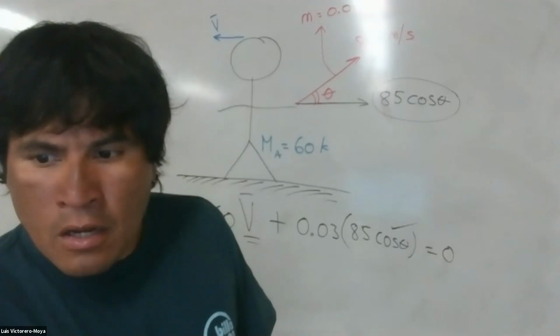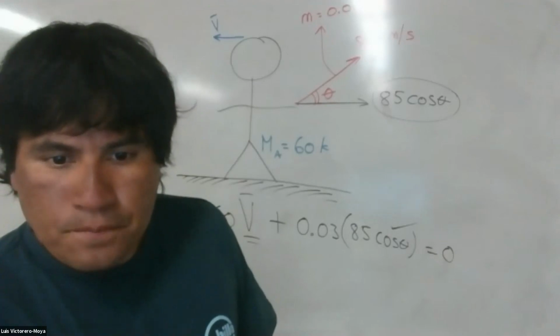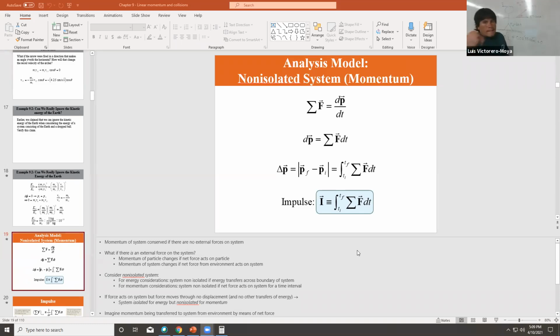Let's talk now a little bit about impulse. Now we know that there is another way to write Newton's second law, where the net force acting on a body is equal to the first derivative of momentum with respect to time, right?